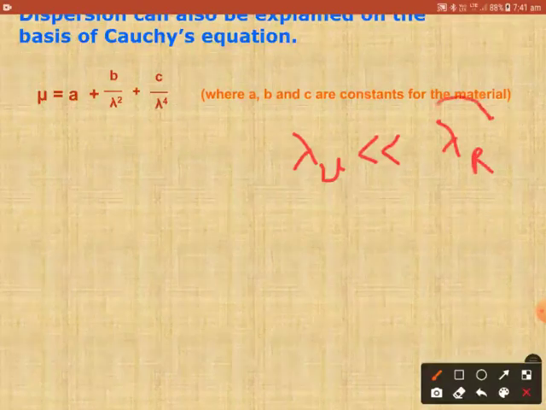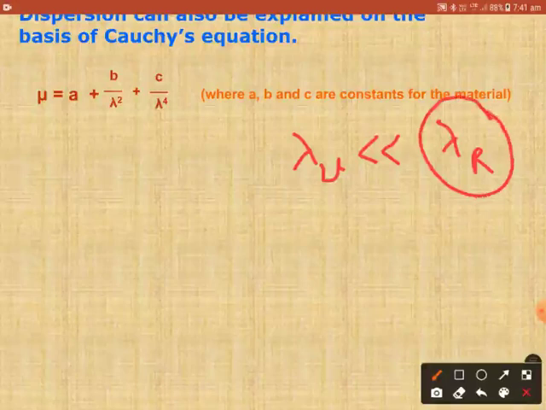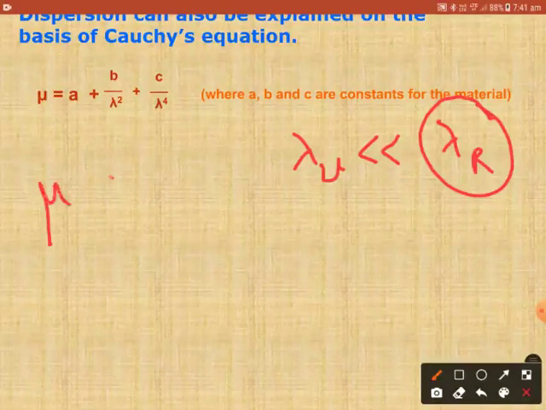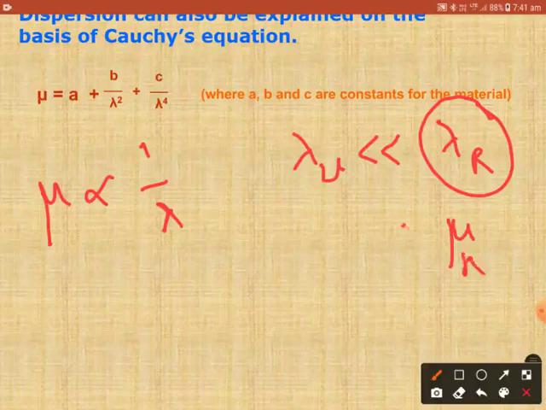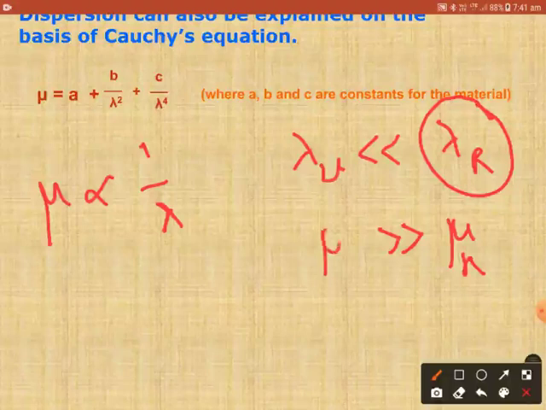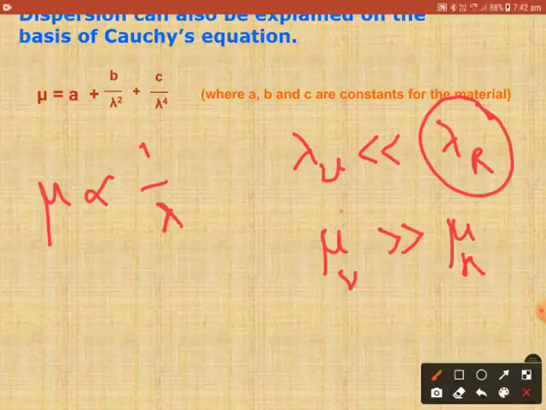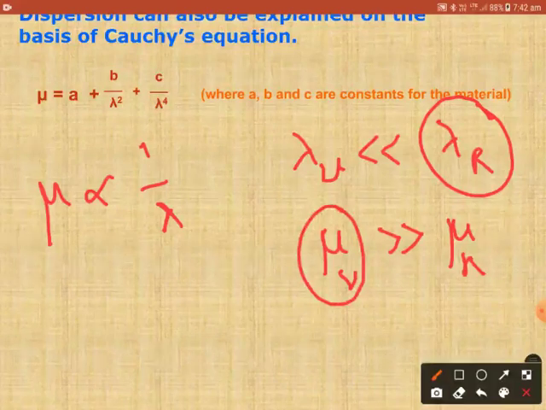If red has the highest wavelength, then since mu is inversely proportional to wavelength, the refractive index for red will be the least. Violet, with the smallest wavelength, will have the maximum refractive index, so the bending of violet light will be maximum and that of red light will be least.